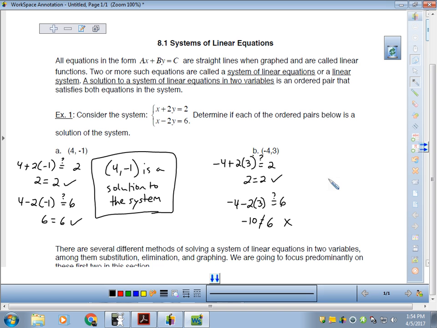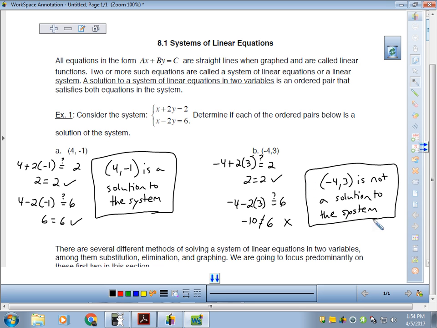So since that one did not work, we can say that negative 4 comma 3 is not a solution to the system. Okay. And so that's how you check if your answer is a solution to the system or not. You just plug it into the equation and you just see if it makes the equations true or not.